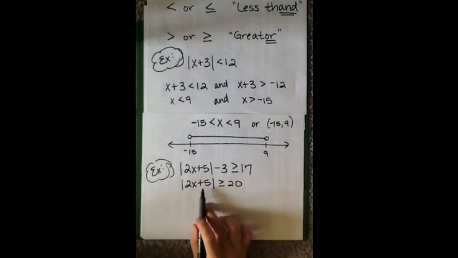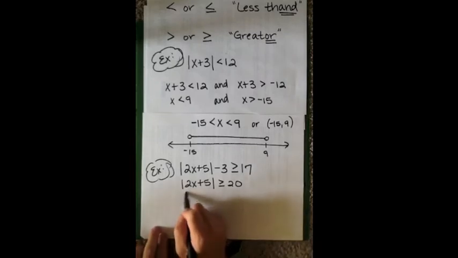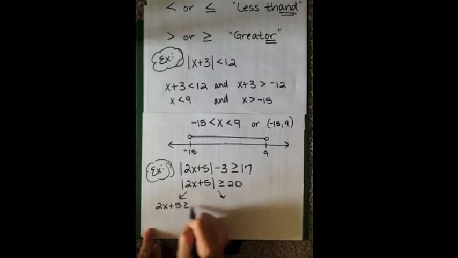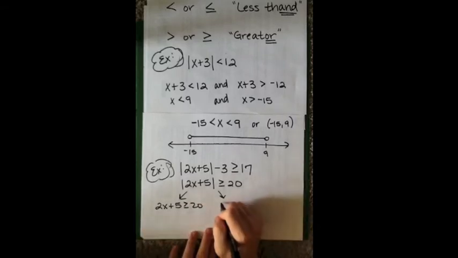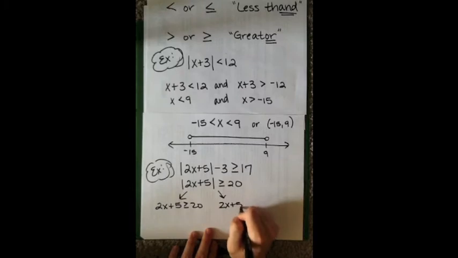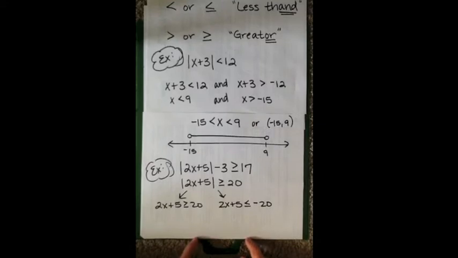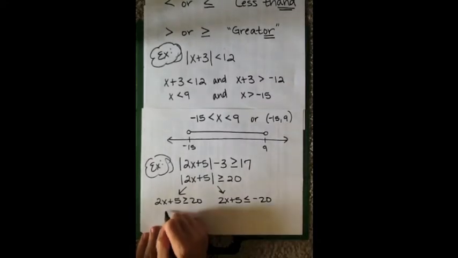Now I have the absolute value by itself. Now I have my two cases. So I have my positive case, and I have my negative case. And don't forget to flip that symbol. Otherwise you're going to end up with a really strange little answer.